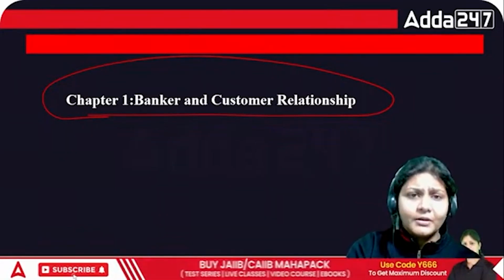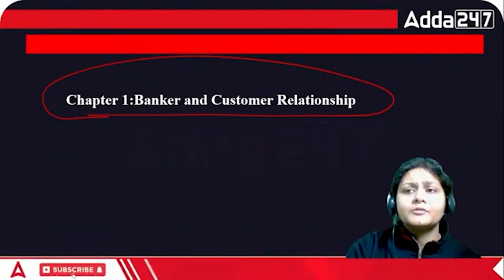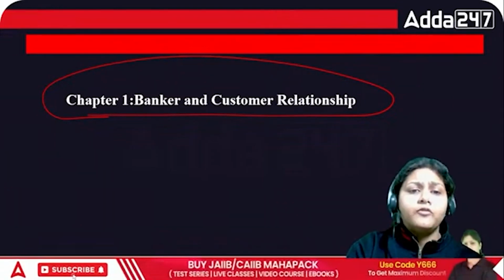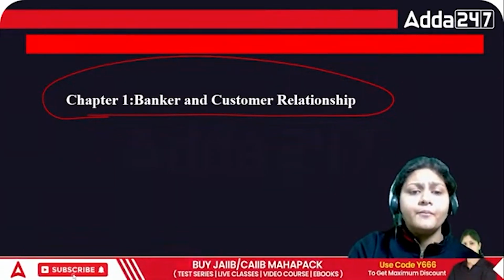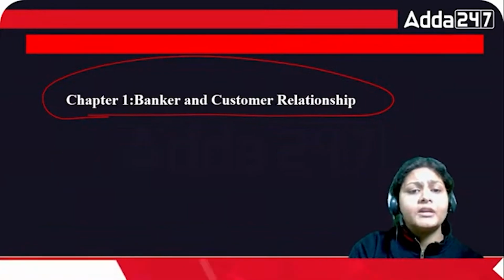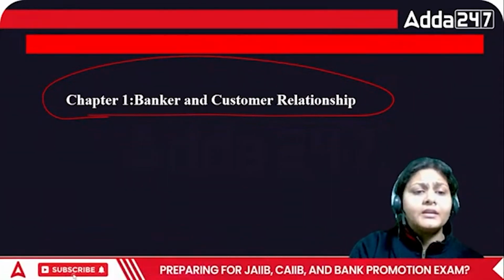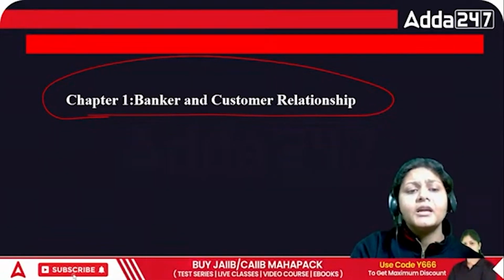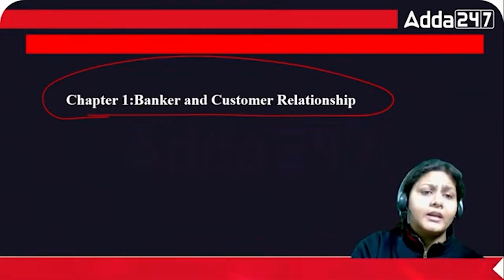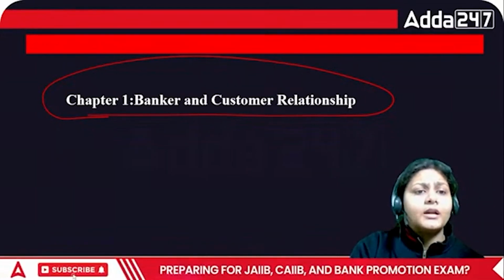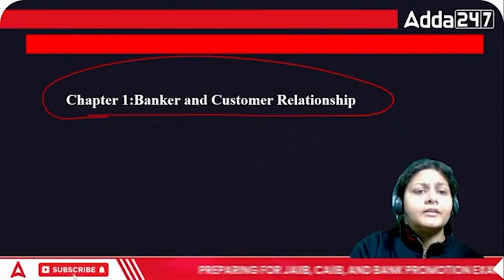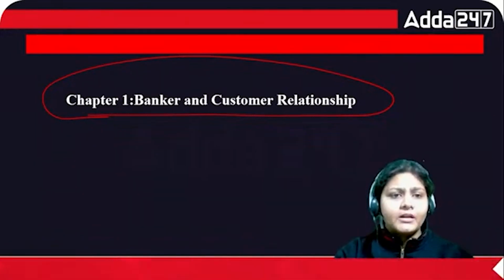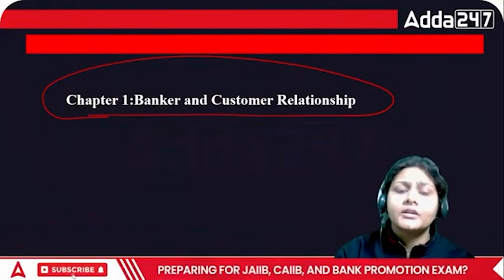Whenever a customer submits the account opening form, there will be a relation between the banker and customer, that of debtor and creditor. Okay, debtor and creditor is the general relationship.